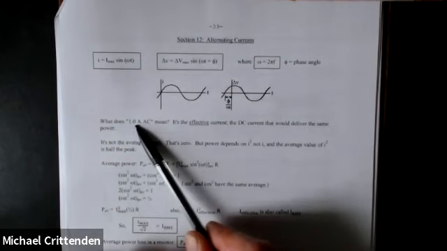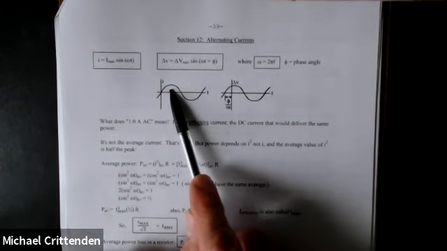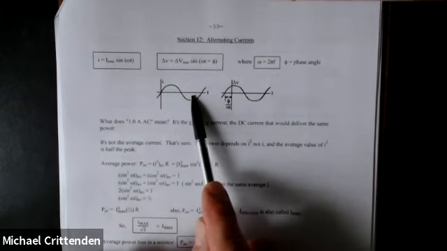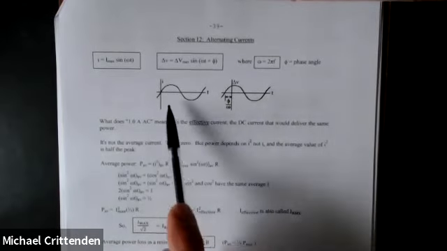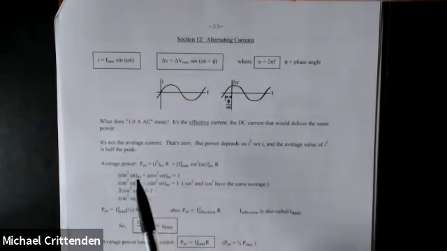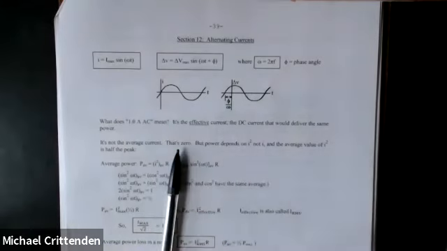First of all, 1 amp is not the average current. If you look at this, it's positive half the time, negative half the time. The negative part is symmetrical with the positive part, and if you average it all out, it's 0. Which is what happens if you hook up a DC meter in an AC circuit.